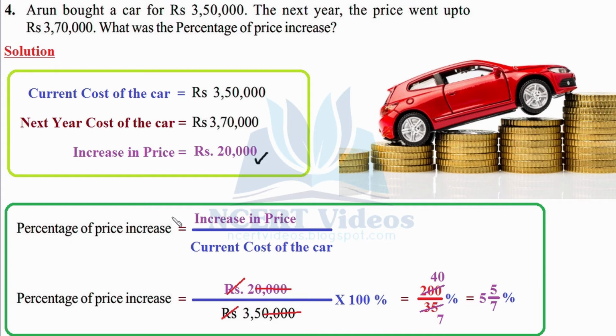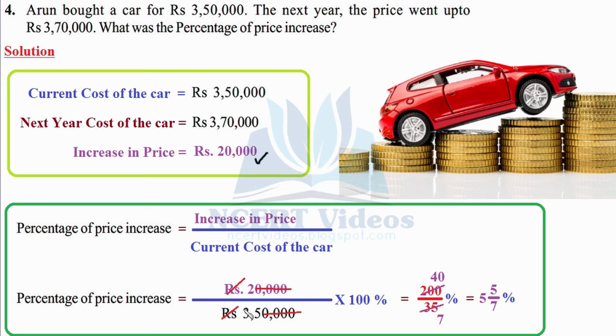Now percentage of the price, so increase in price over the initial value. So writing the values now, increase in price is 20,000 and the initial value was 3,50,000, into 100% because we have to convert this fraction into percentage. Now 4 zeros straight away cancelled.